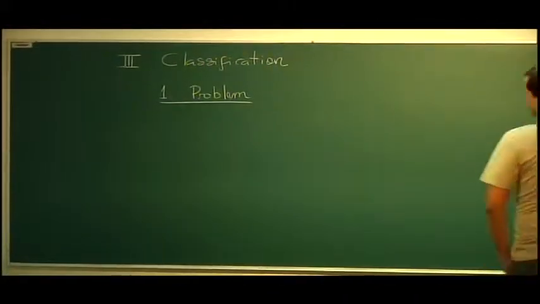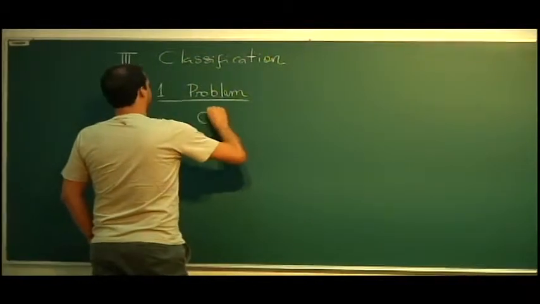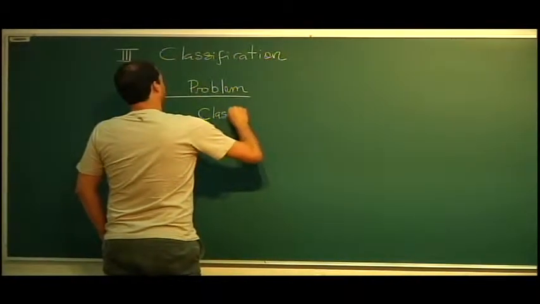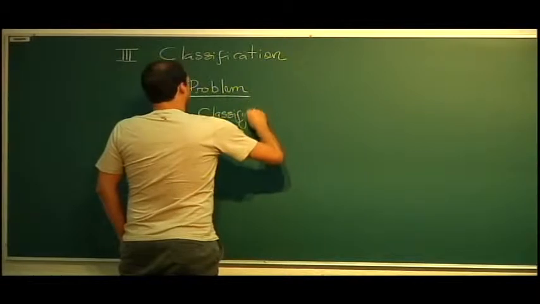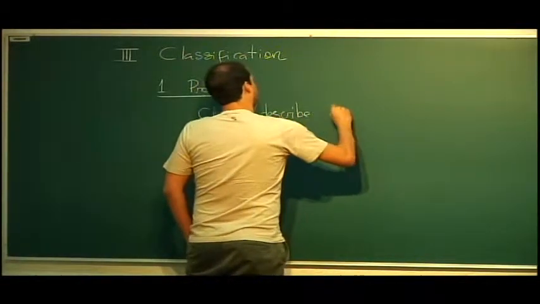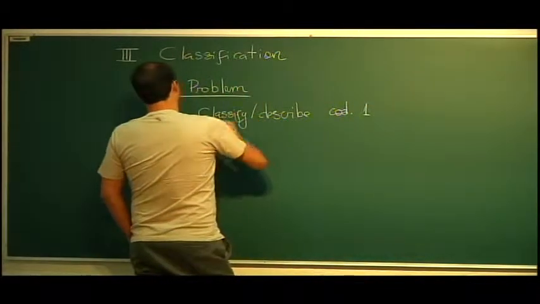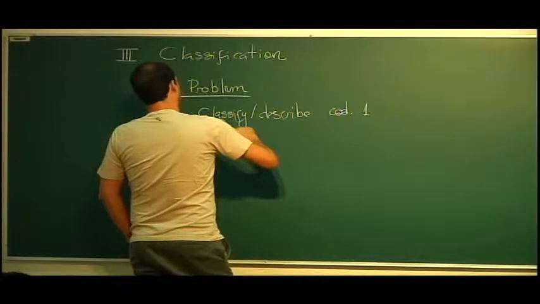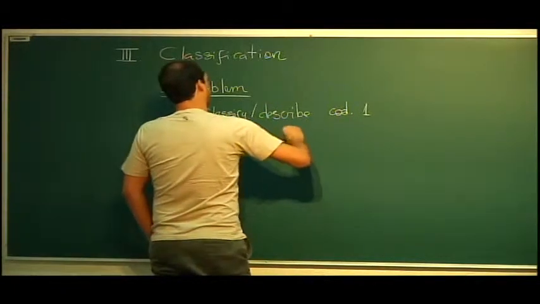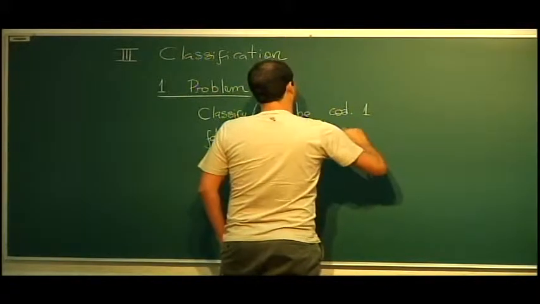So there is an immediate problem that is just classify, or perhaps it would be more appropriate to say describe, codimension 1 foliations on Pn of, let's say, small degree.